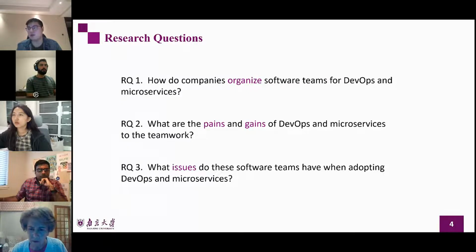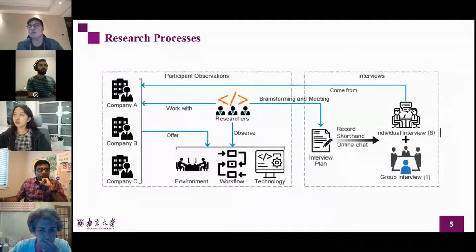Researchers use ethnography in order to understand DevOps and microservice in software teams by investigating the daily reality of individuals or teams in various environments. Some interviews with the practitioners and some observations on the participants were conducted in some relevant empirical studies.